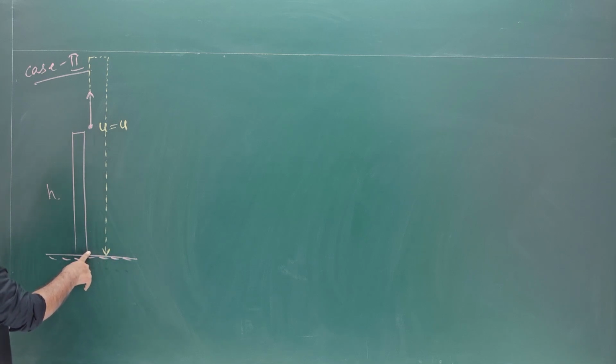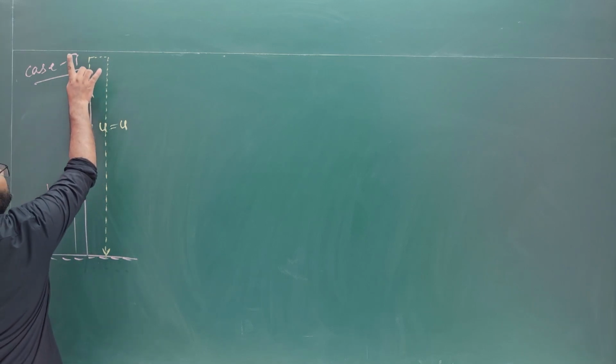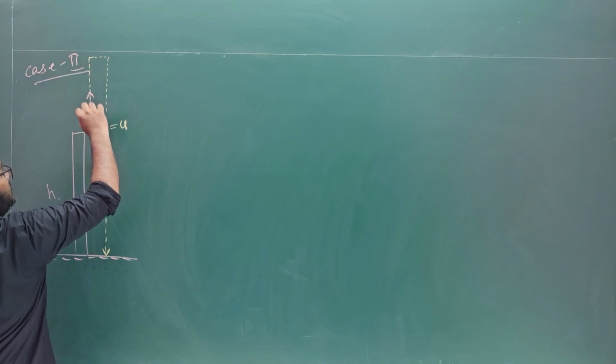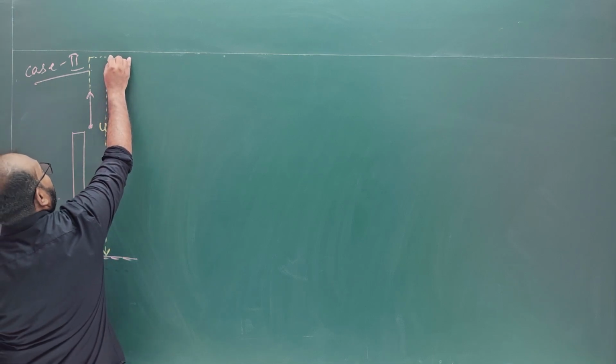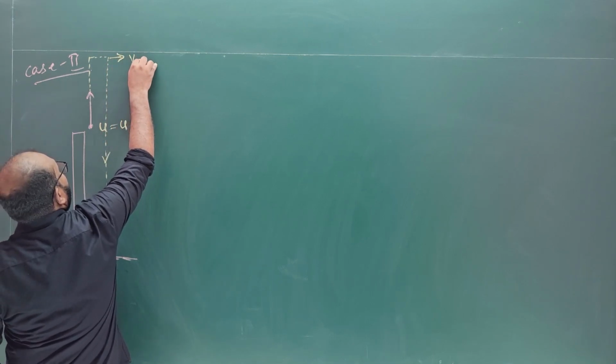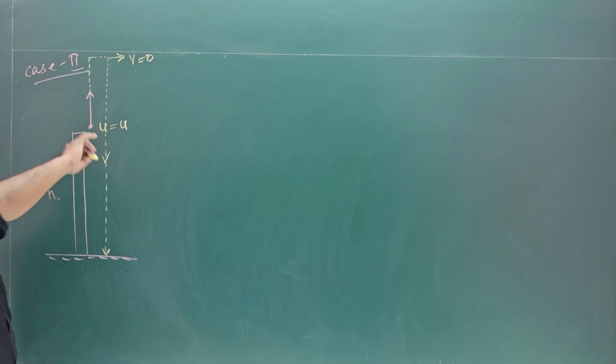Okay, diagrammatic representation. Now, can I say that all the things which are going in the upward direction are positive, and all the things which are coming back towards the ground, that means downward, are negative? Now, can I also say that at this point, velocity becomes 0? Yes? Very good.